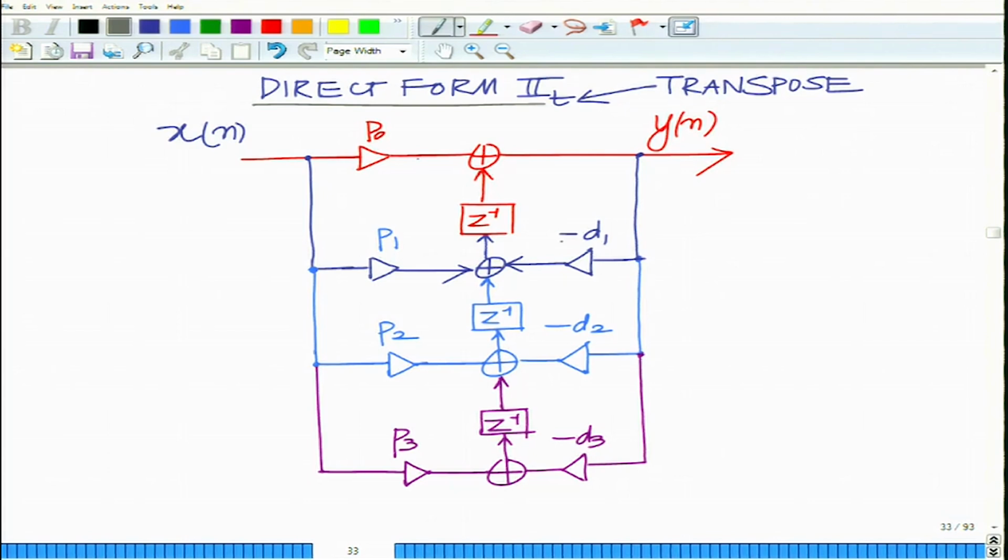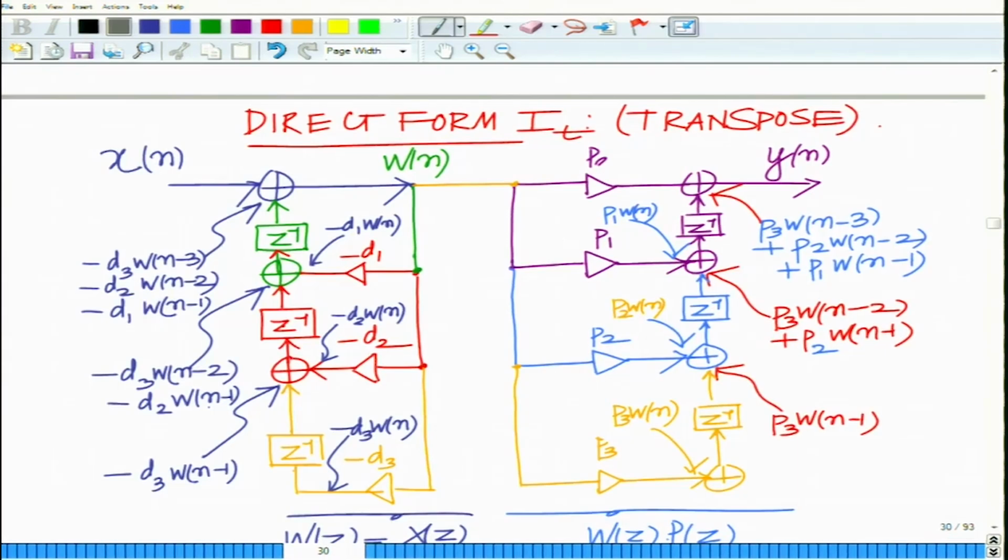Okay. And what we have is basically, you can now see that we have the minimum number of delays, because previously in the direct form 1 transpose we had, you can see, 6 delays and 7 adders, if I can count correctly. So, this is not an adder, you do not need this actually.